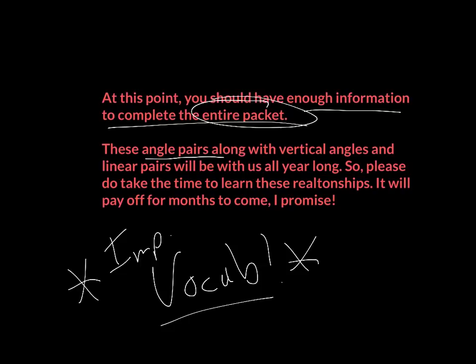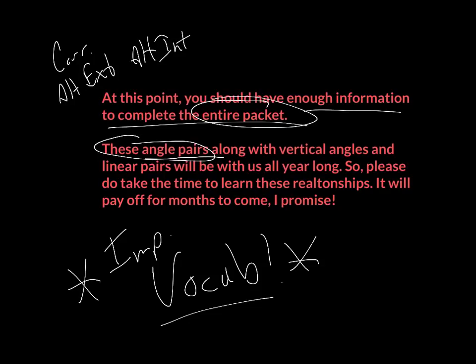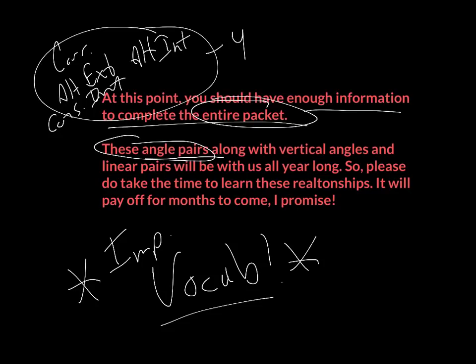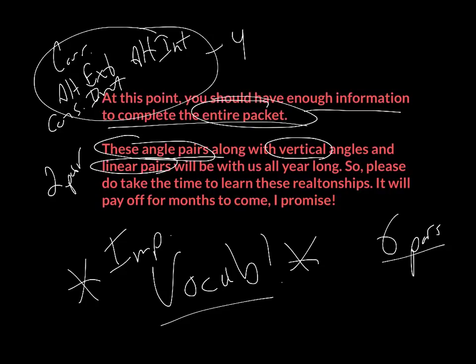These angle pairs, by which I mean corresponding, alternate exterior, alternate interior, along with consecutive interior, these 4 pairs, plus vertical angles and linear pairs, another 2 pairs. So 6 pairs of angles altogether: corresponding, alternate exterior, alternate interior, consecutive interior, vertical angles, linear pairs.